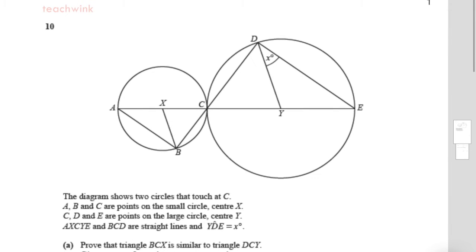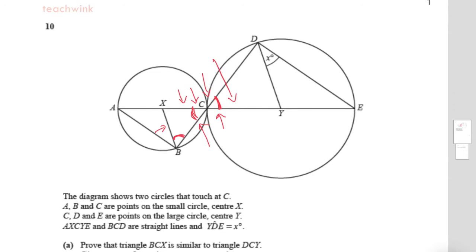Okay, first let's look at and study these triangles. The line BD is a straight line and so is the line XY, and they both cross at a common point C. Therefore, this angle right here and this angle right here are exactly the same because they are vertically opposite. The next reason can be that this angle is the same as this angle. Why? Because XB and XC are both radii.